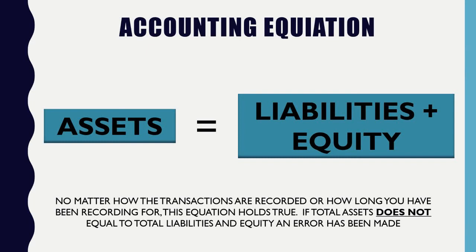So your furniture, your checking account, your patents, everything, okay? And your liabilities are anything that you owe to other people, such as a loan that you took out. And of course, you need to also include the total value of your company, okay? So again, no matter where you are, this equation must hold true, okay?